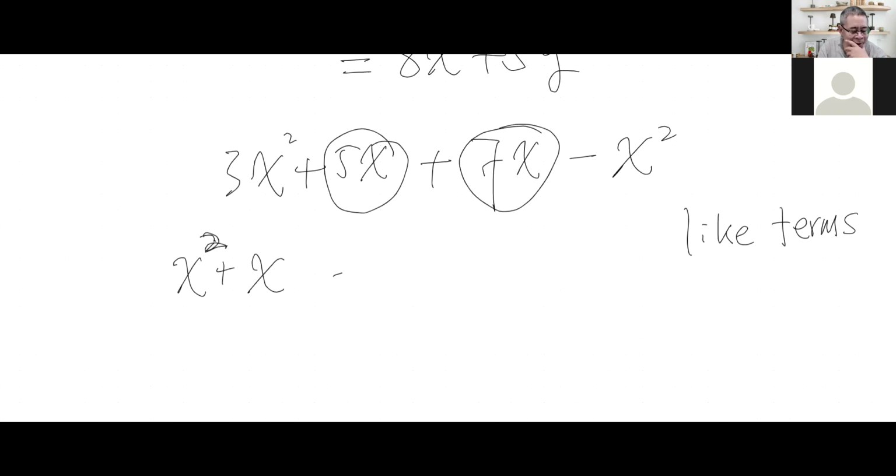We know x squared just means x times x, right? But x squared and x are different things, so we cannot combine them. So 5x and 7x are like terms, and 3x squared and x squared are also like terms. So 5x plus 7x is 12x, and 3x squared minus 1x squared is 2x squared.